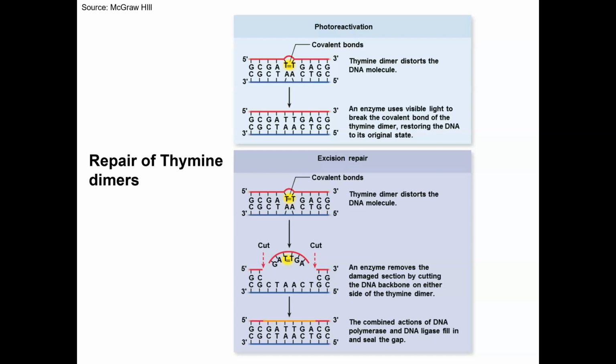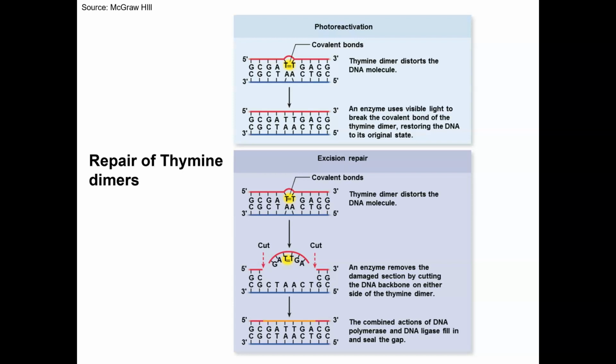Photolyase finds thymine dimers, breaks the covalent bond, flattening out the DNA. Now, the most ironic part about this: photolyase uses energy from the sun to do this. So, how weird, right? Light causes thymine dimers, light fixes thymine dimers.